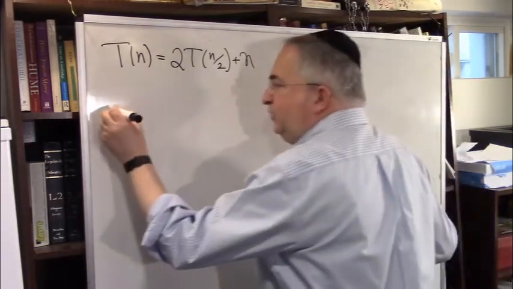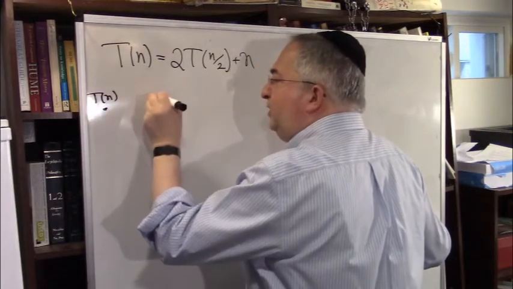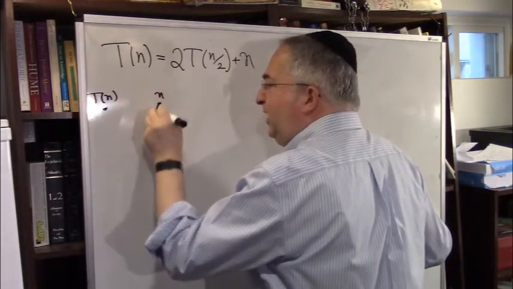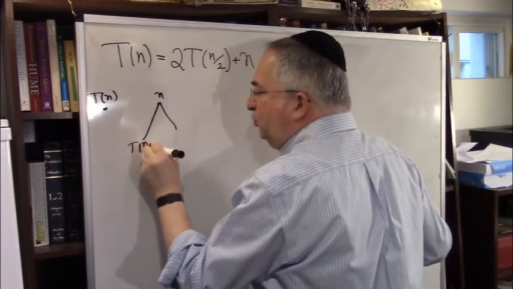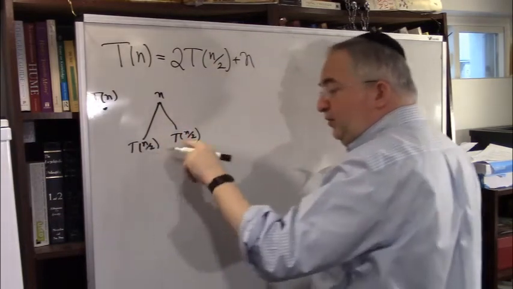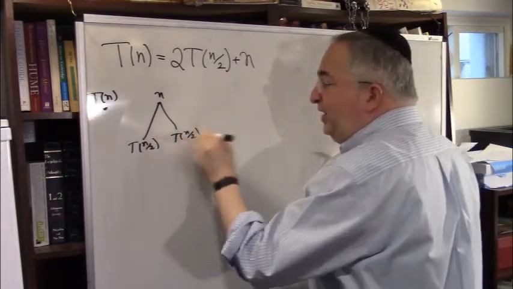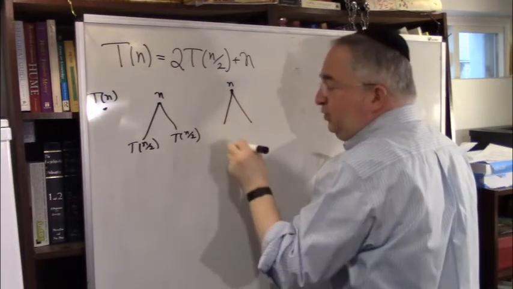Okay, let's start making trees. Start off with T(n). Then you say, oh, T(n) becomes n, and it has 2 children, namely T(n/2) and T(n/2). Again, I can erase this, but I want you to write in everything so you get to see the way the tree is coming up.